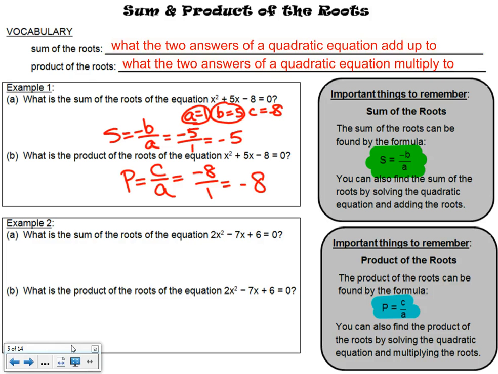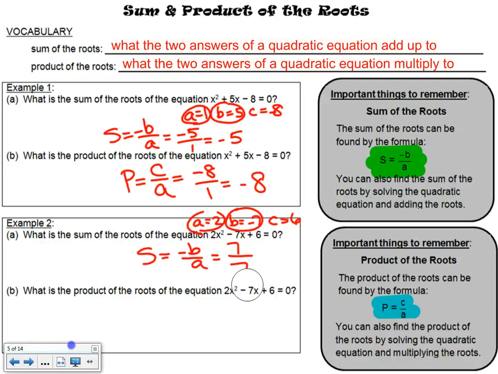These are actually typical questions on a Regents. So what is the sum of the roots of the equation 2x squared minus 7x plus 6? Well, our A is 2, our B is negative 7, our C is 6. So the sum is equal to negative B over A. Again, the B is negative 7, so this is going to change to positive 7, and the A is 2.